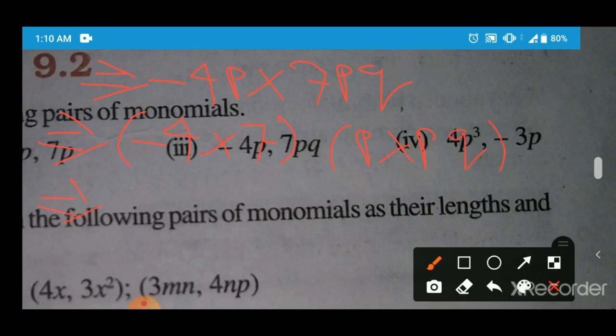Once again 7 4s are 28, minus 28 multiplied by p raised to the power 1 multiplied by p raised to the power 1, minus 28 p raised to the power 1 plus 1 q, so that it is minus 28 p raised to the power 2 q. We can read it like this: minus 28p square q. This is our solution of part third.